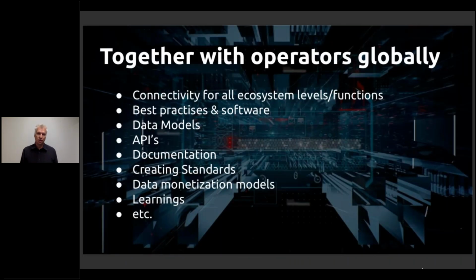And then together with other operators globally, so now when you can visualize ecosystems having operators in each of the ecosystems, and their focus is their own ecosystem and the key activities there, then what they can do together with other operators is to look at the connectivity for all ecosystem levels and functions, so looking at more global open standards, and pooling of resources across multiple ecosystems, whether they are neighboring cities, or cities in the same country, or two twin cities or friend cities between different countries, to look at, okay, what are the activities where we can pool resources, do that together and implement in both of our ecosystems.